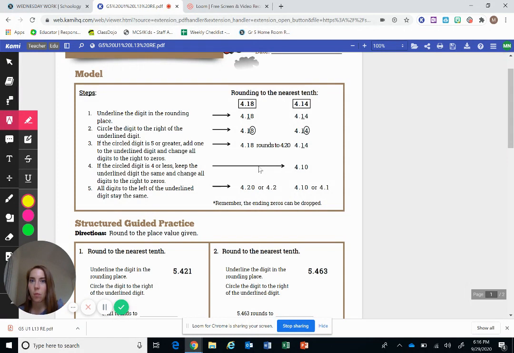So remember that rhyme we came up with? 5 or more, add 1 more. If it's 4 or less, leave it alone. If the circled digit is 4 or less, keep the underlined digit the same and change all digits to the right to zeros. All digits to the left of the underlined digit stay the same, so anything that comes before that underlined number is going to stay the same.